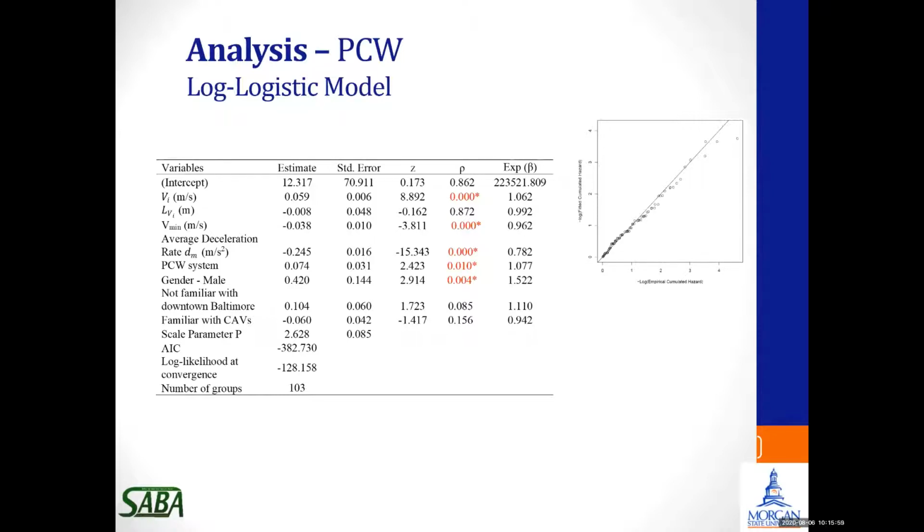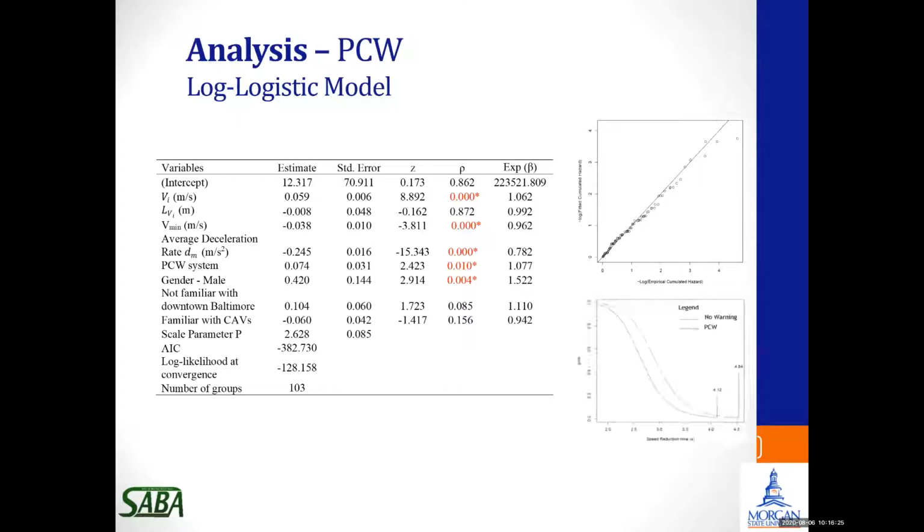So we have more time to smoothly transition to an acceptable speed or come to a stop to yield to the pedestrian. Also, gender was effective. Male participants on average took 52.2% more time to reach the desired minimum speed compared to female.